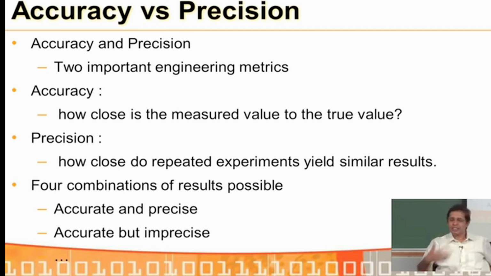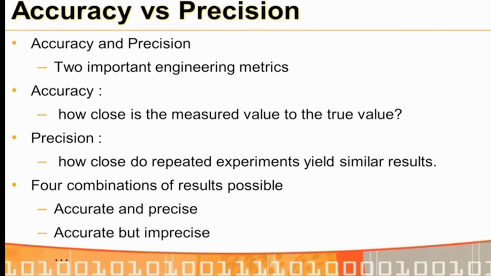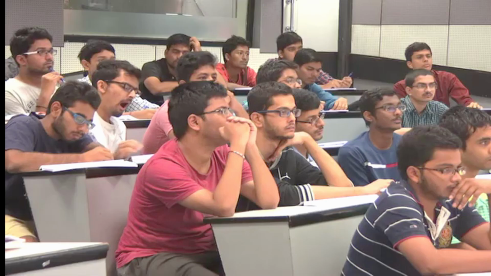And how close the answer that the computer generates is to the actual value is called accuracy, right? Are you able to distinguish between these two? Now, there are four combinations of results possible. I will have an accurate and precise result, an accurate but imprecise result, an inaccurate but precise result, and an inaccurate and imprecise result. All four combinations are possible.